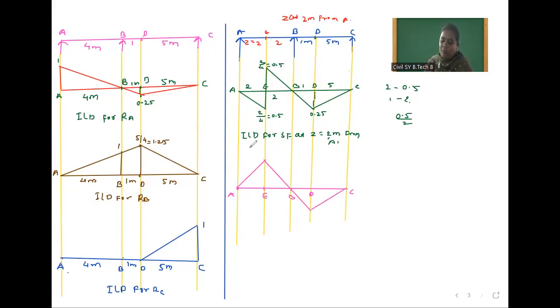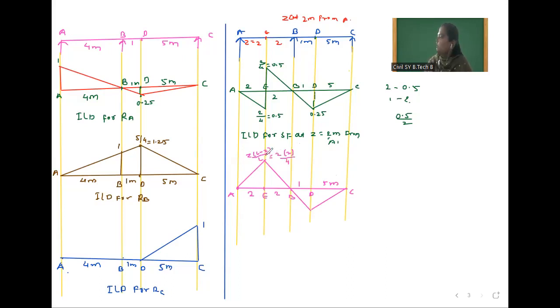Here, what is the value? It is Z into (L minus Z) divided by L. So the distances are 2 meter, 2 meter, 1 meter and 5 meter. So Z is 2, into (L minus Z), again 2, divided by 4. So the value is, I think, 1.